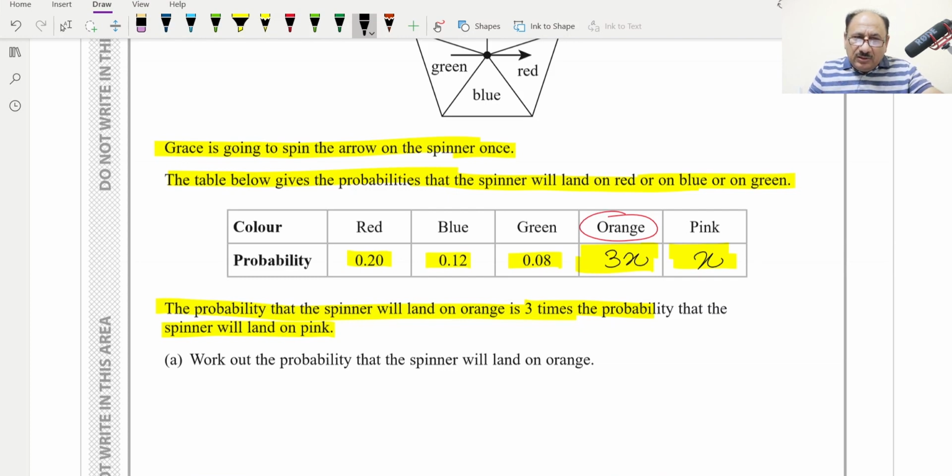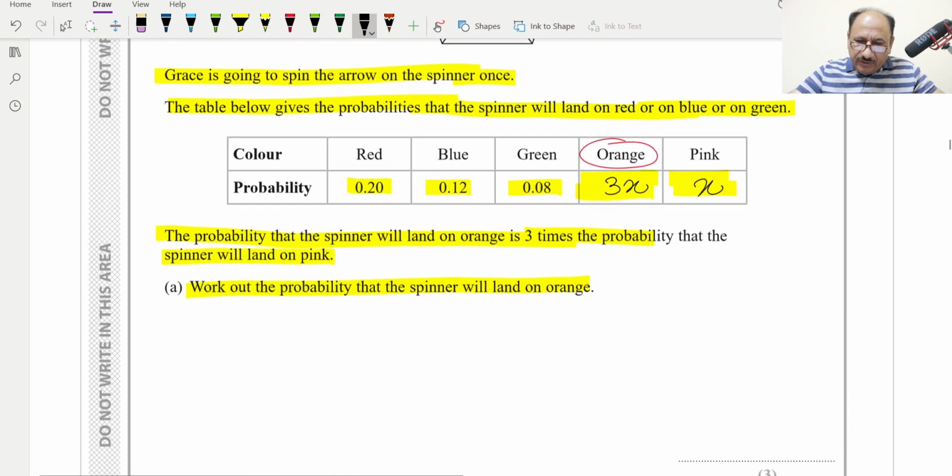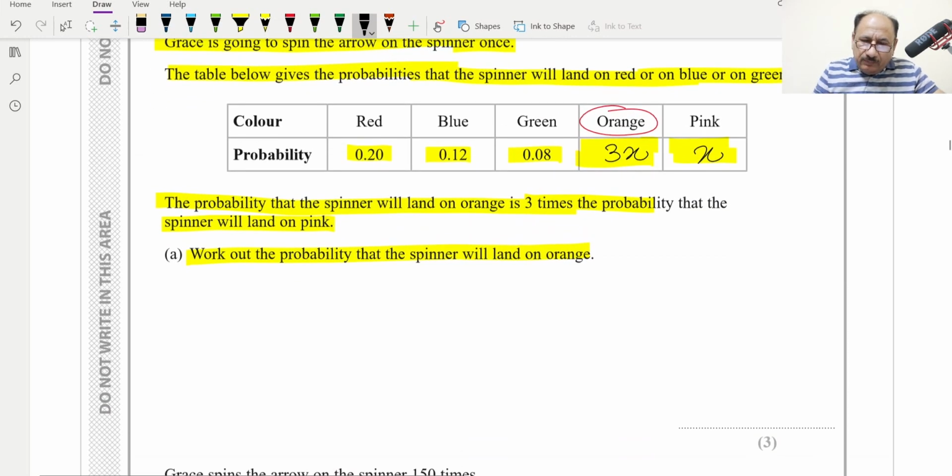So we can form the equation, and they are saying work out the probability that the spinner will land on orange. So orange value we need to find. So we know that the probability for any event will be maximum 1, so it will be adding up to 1. So we'll write the equation. So we will start from here.